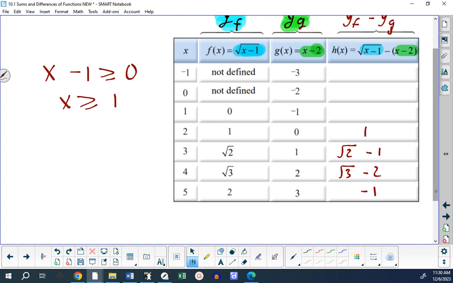0 minus negative 1. Now what are we going to put for a y coordinate on the final column when x is 0? Well, if you look at the equation for the final column, it contains the square root of x minus 1. So you can't do it. But I want you to think of it differently. We need to take this and subtract that. And the bottom line, everybody, is you cannot subtract two things unless they both exist.